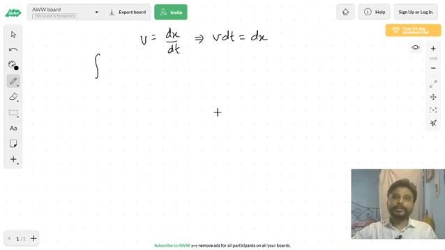This is what we have been doing in the previous expressions also, so we would be repeating this here. Now we put the integral sign on both sides, as this is an equation. The equation for velocity is u plus at, so we put u plus at instead of v.